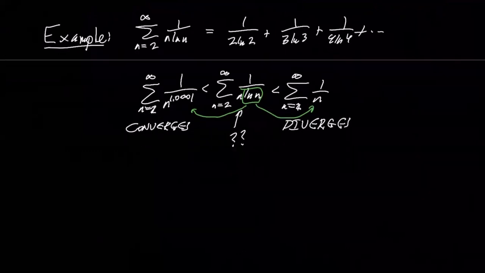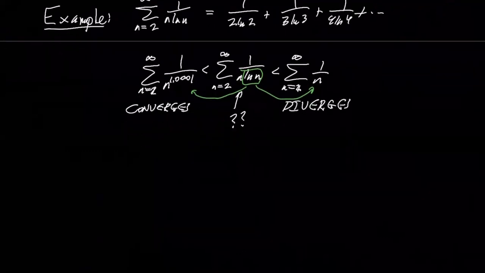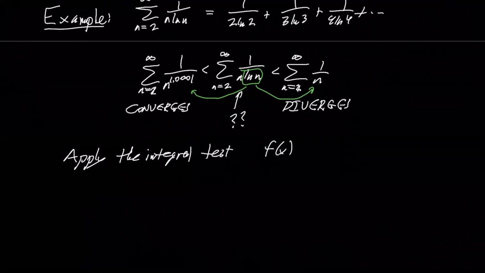So in fact, we have to use the integral test. So apply the integral test to this. And so the function is clearly just 1 over x ln x, if we just turn the n's to x's. So a sub n is f of n in this case. We need to check these two conditions.